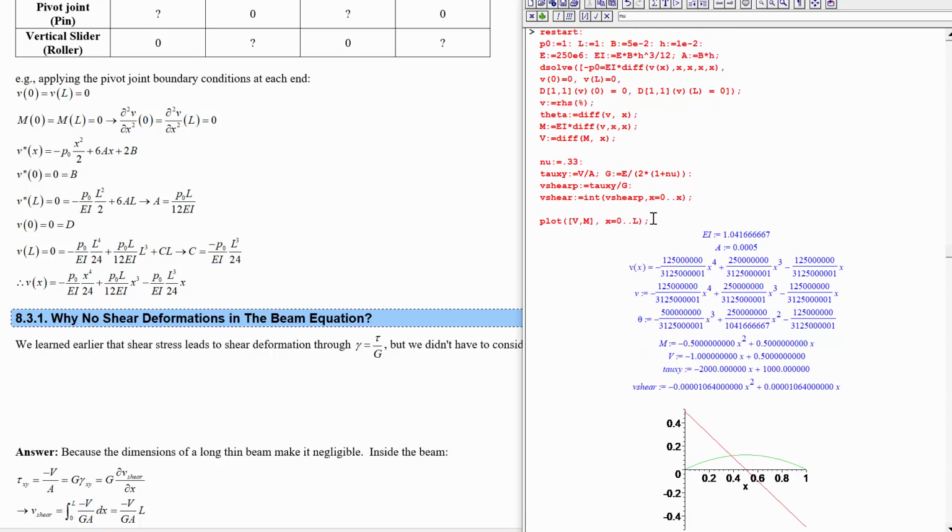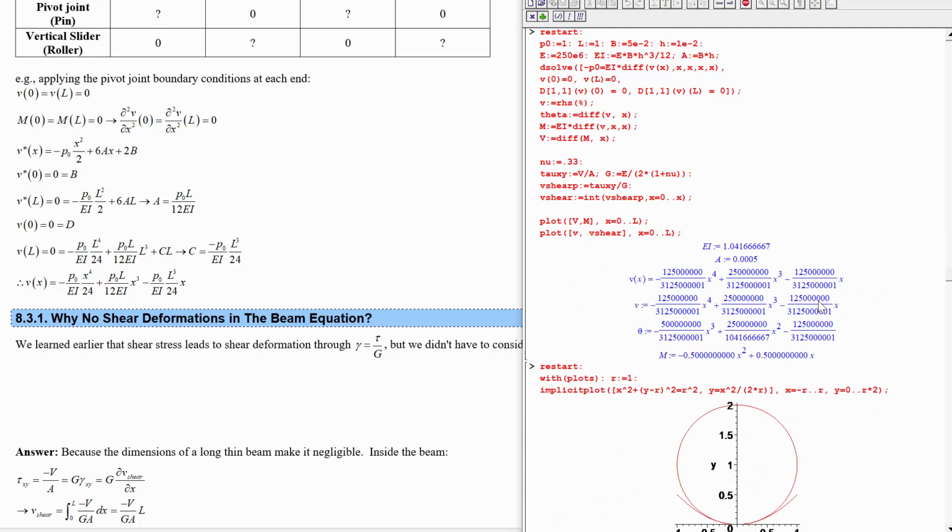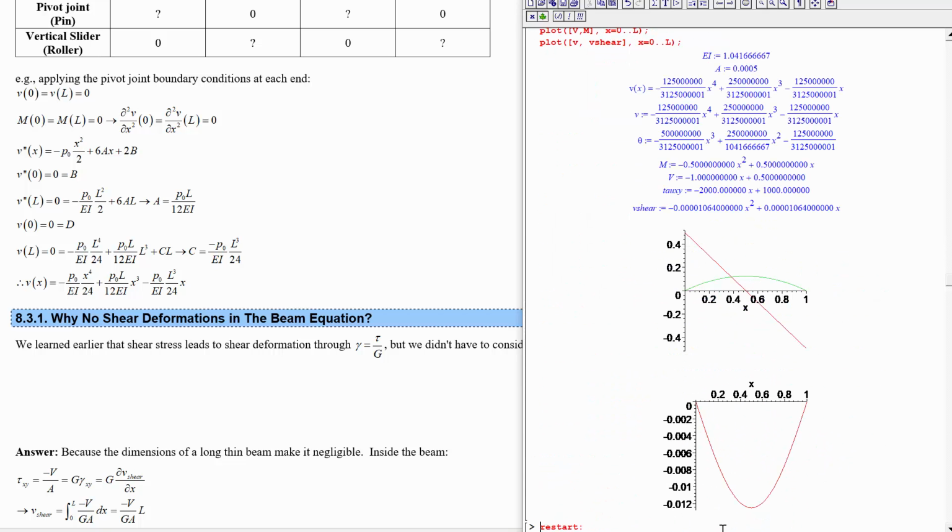So we can plot it alongside the displacement that we had previously. Let's hold on to this plot, why not? So we'll get a new plot, not just V, but also this new V shear, from x is 0 to L. Okay, a little bit hard to tell what's going on there.